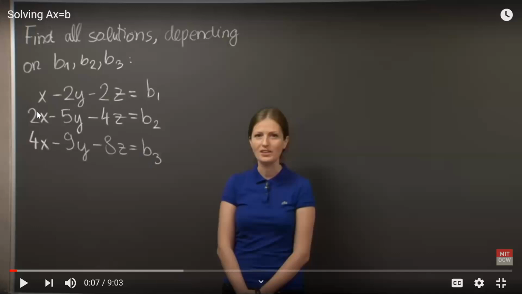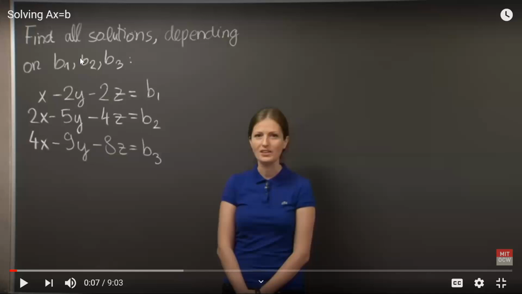That solution should also satisfy the second equation, meaning the left-hand side should be equal to the right-hand side. And also, it should be able to solve the third equation. When I plug that solution, which I have already tested for equations 1 and 2, into equation number 3, it should also give me left-hand side equal to right-hand side.